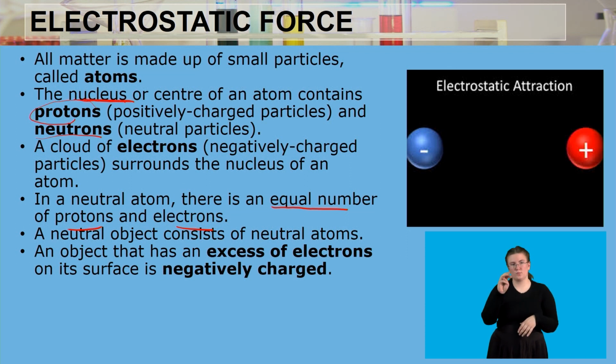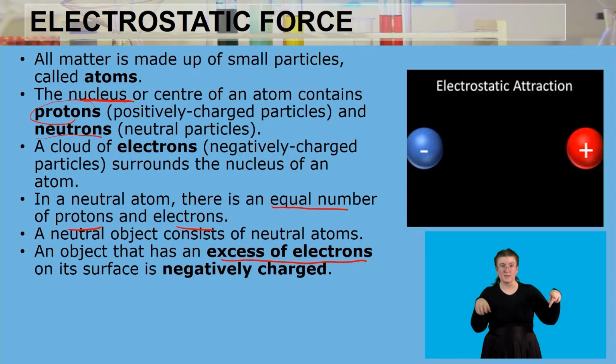Then an object that has an excess of electrons, that means it has more electrons, is going to be more negatively charged, because in a neutral atom, protons equal electrons. So should a certain atom have more electrons, the overall charge of that atom is going to be negative.